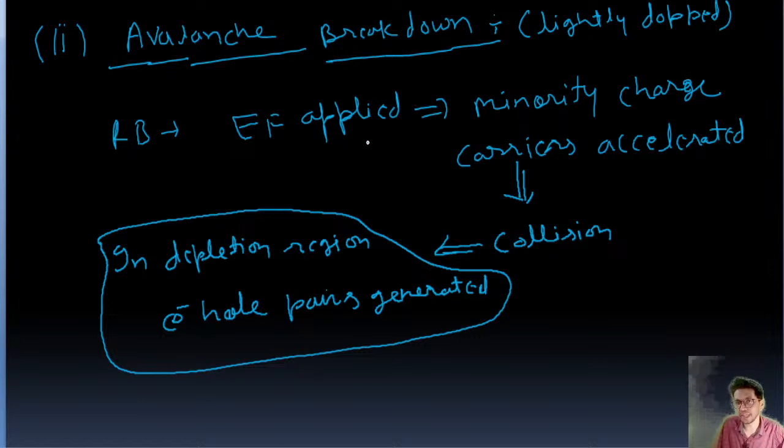Electric field is applied, because of that minority charge carriers are accelerated, and then there would be collisions between them, and due to that, in the depletion layer the electron hole pairs are generated. The electron hole pairs will get generated, and then the current will flow, right?